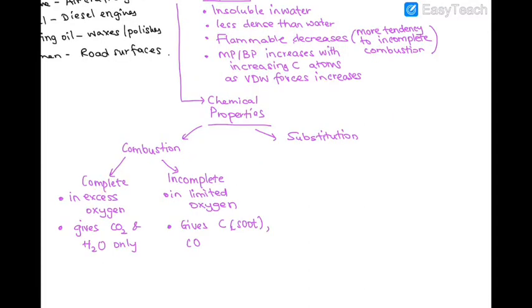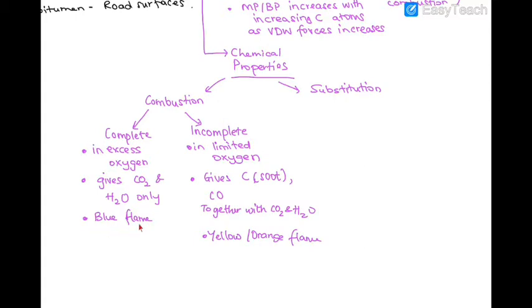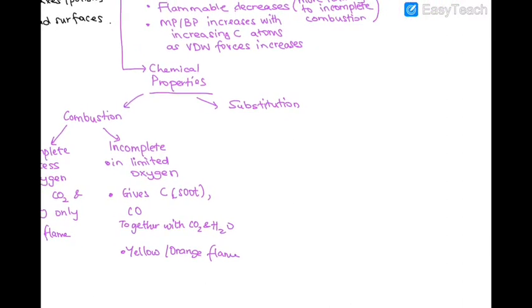Complete combustion occurs in excess oxygen and gives out carbon dioxide and water as the only products, while incomplete combustion occurs in a limited amount of oxygen and can give carbon dioxide, water, as well as carbon or carbon monoxide. Carbon is soot, that black substance. For complete combustion, you have the blue flame, and for incomplete combustion, you have that yellow or orange flame.